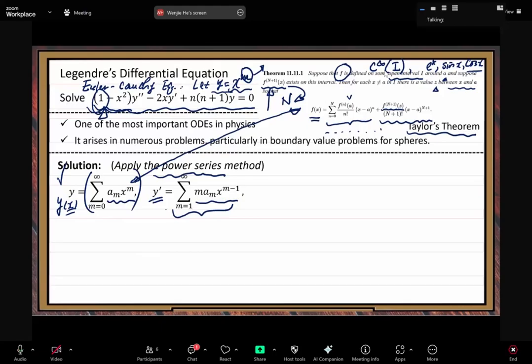When you talk about power series, you need to make sure your power series is convergent in some interval. So you need to find that convergence interval. It may not be convergent everywhere.